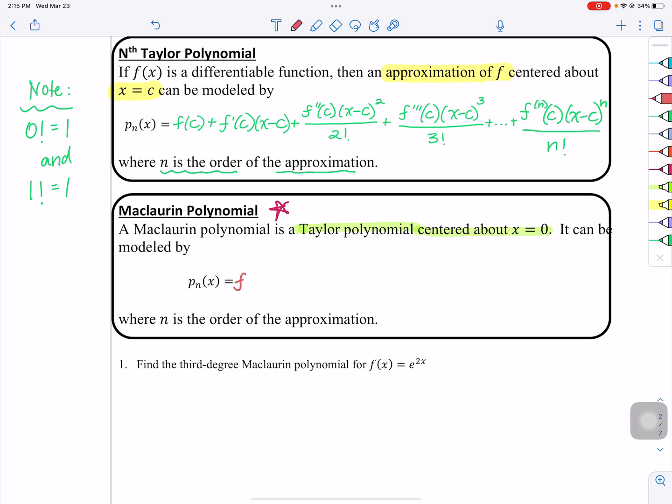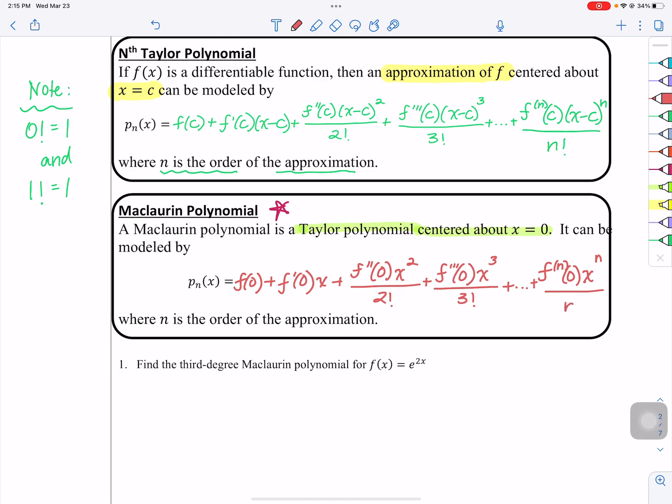And it is f of 0 plus f prime of 0 times x, since c is going to be 0, plus the second derivative evaluated at 0 times x squared over 2 factorial, plus the third derivative evaluated at 0 times x cubed over 3 factorial, and finally the nth term, f to the nth of 0, x to the nth divided by n factorial.